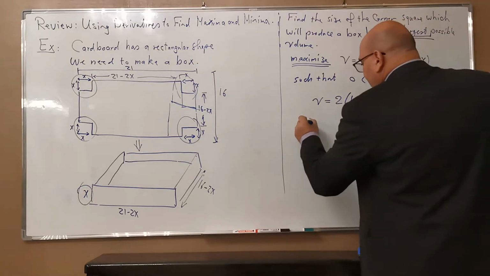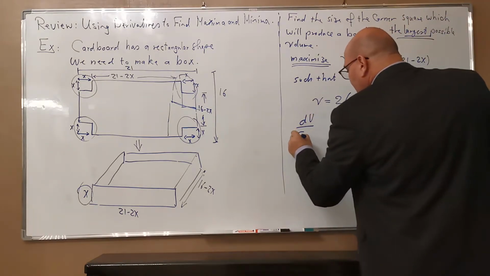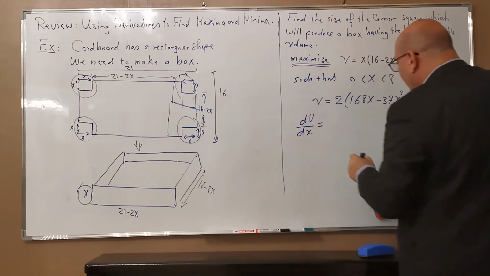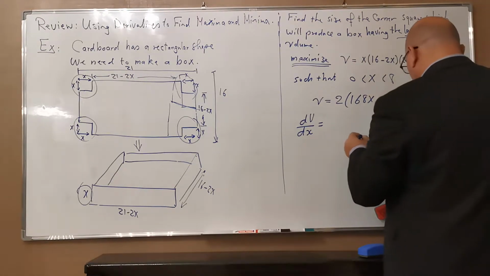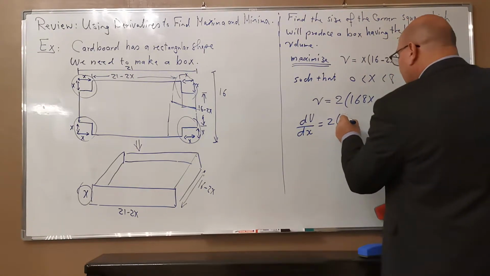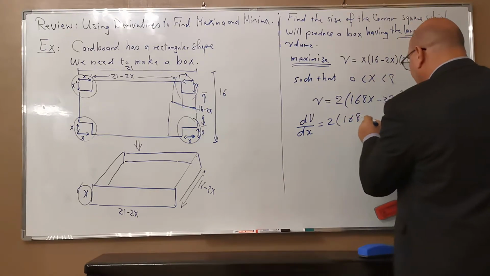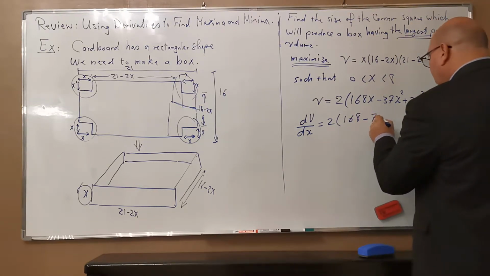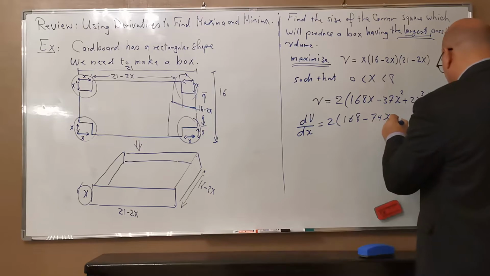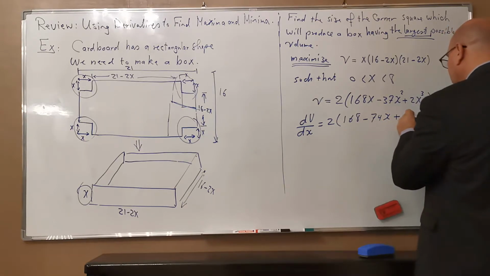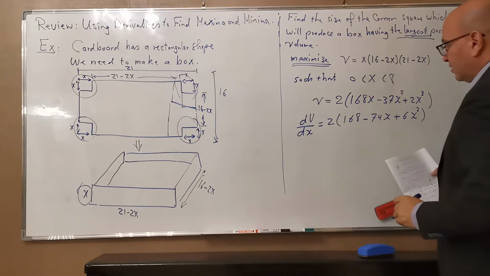So I'm going to take dV/dx, which is equal to 2 times (168 minus 74x plus 6x squared). So this is the derivative.